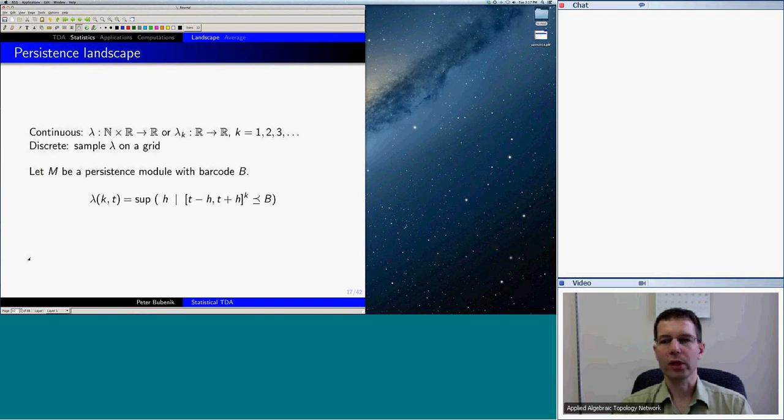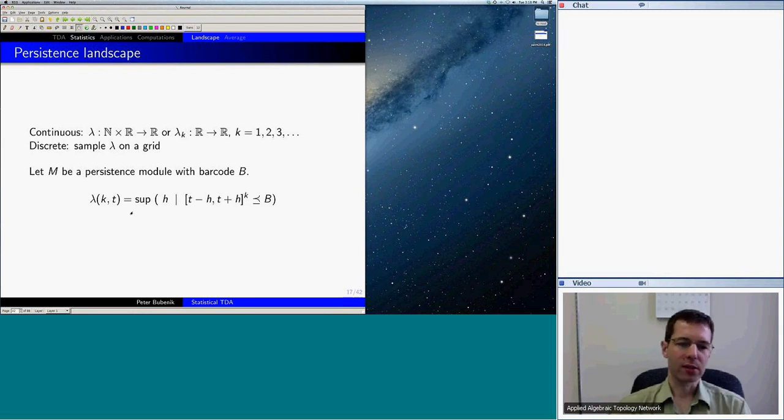For a persistence module, there's a continuous and a discrete version of the persistence landscape. The continuous version is a real valued function on N cross R, or a sequence of functions from R to R. And we get a discrete version of that, or just a vector, by evaluating this function on a grid.